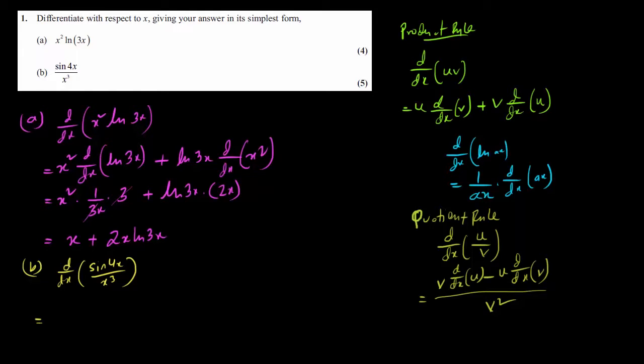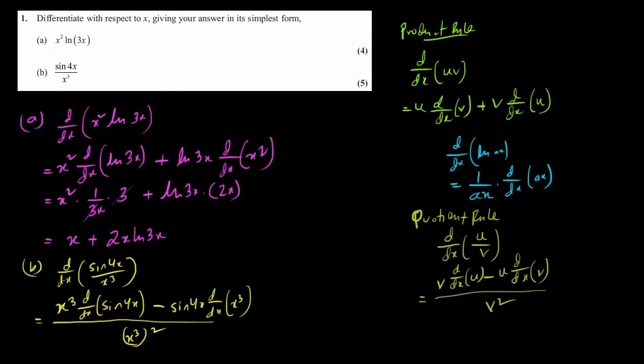So let's write out the formula. So this is going to be v, so x cubed d by dx of sine 4x, minus sine 4x d by dx of x cubed, divided by x cubed to the power 2, v squared. Now we need to know how to differentiate sine ax.